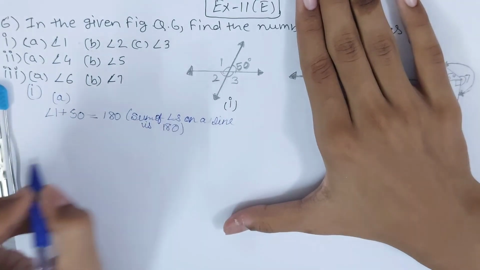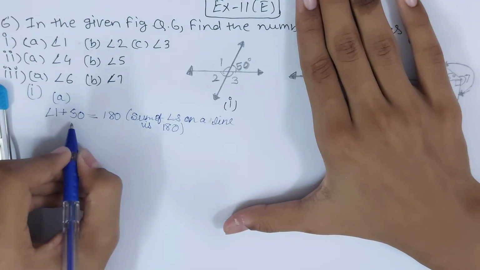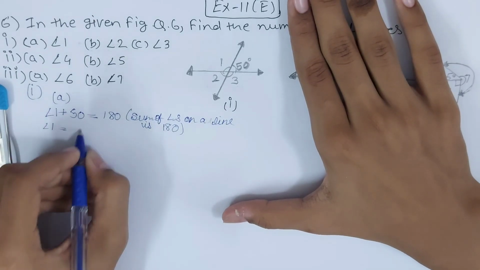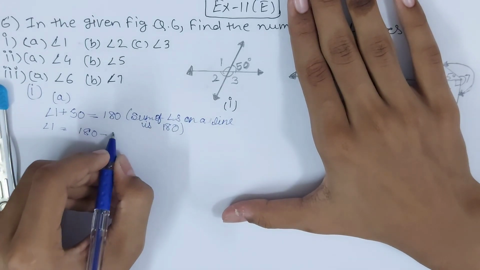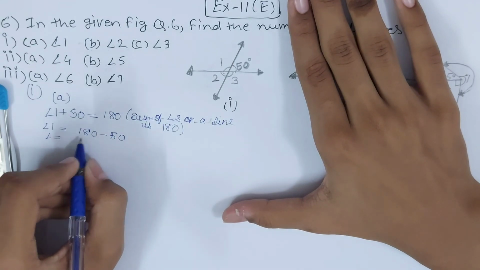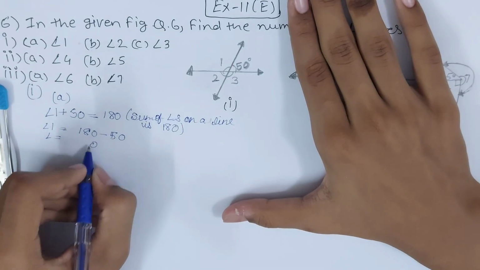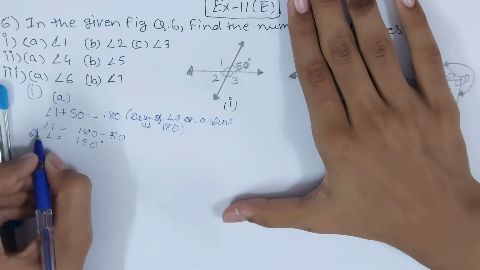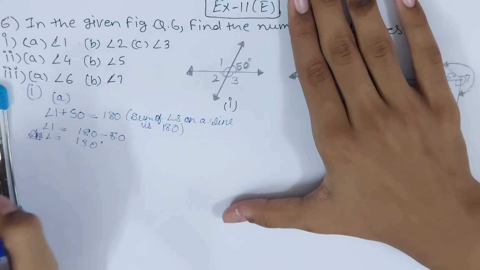This property we will be using. So angle 1 plus 50 is equal to 180. So angle 1 is equal to 180 minus 50. Clear? So angle 1 is equal to what? 180 minus 50, 10 minus 5 is 5, 8 minus 5 is 3, and 1, so 130 degrees. That is your answer for A.